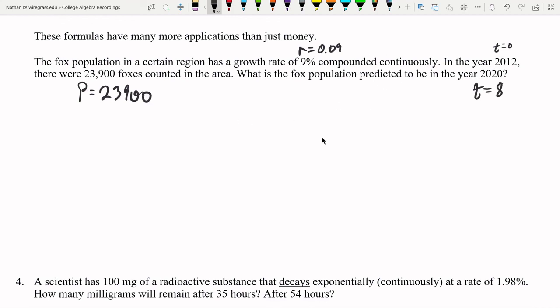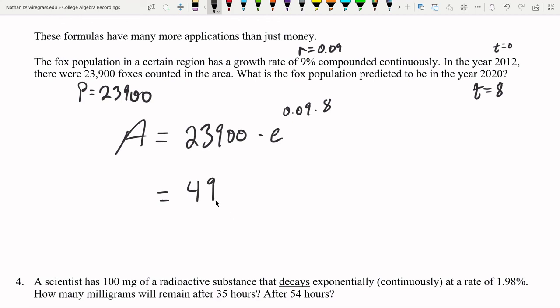Well, it's compounding continuously. We can use the formula. We have our starting amount, 23,900, times e to the rate, times the time, and time is going to be in years. Well, let's go ahead and plug this into our calculator, see what we get. We get just about 49,101 foxes.